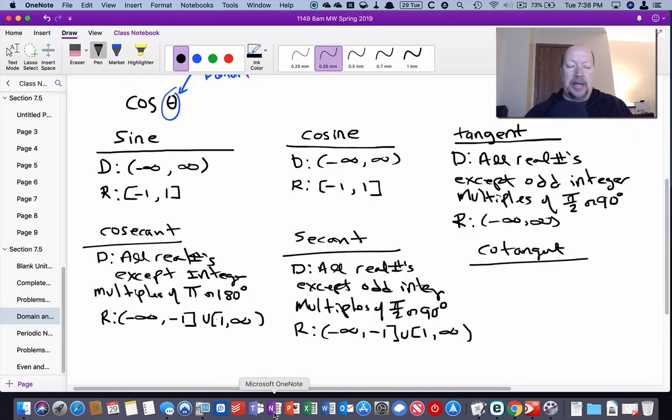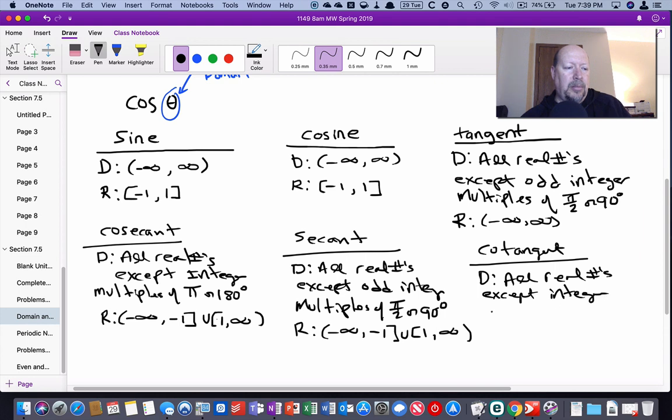So we'll go ahead and put that in for the domain. So we got our domain is all real numbers except integer multiples of pi, or 180.